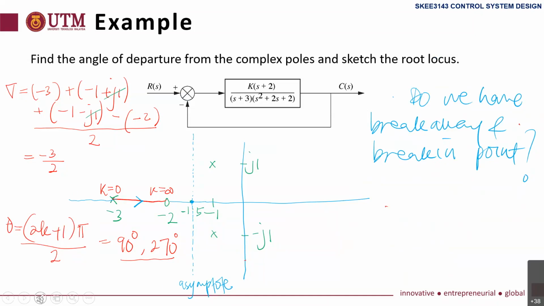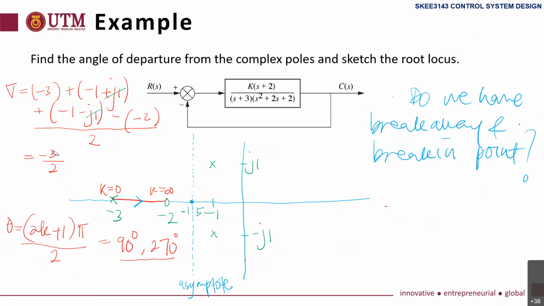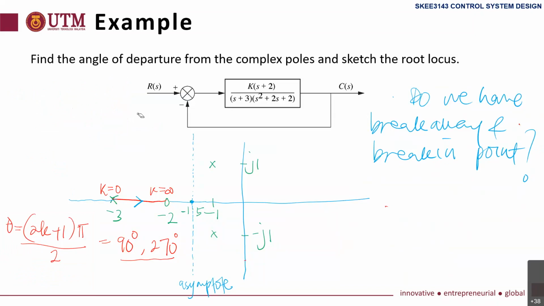No, Doctor. Why no? It's a closed loop. We only have break away and break in points in open loops. The answer is no, but the reason is not correct. Anyone else? Why no break in, no break away point?